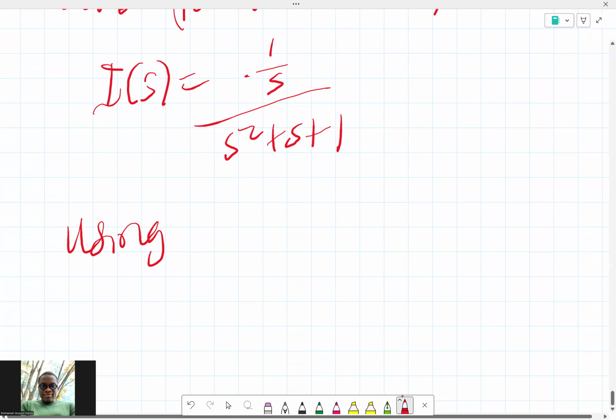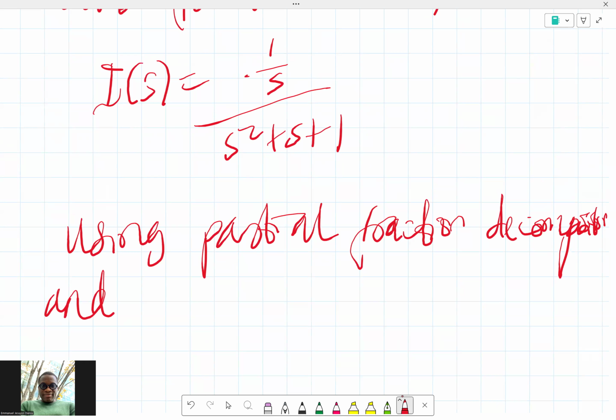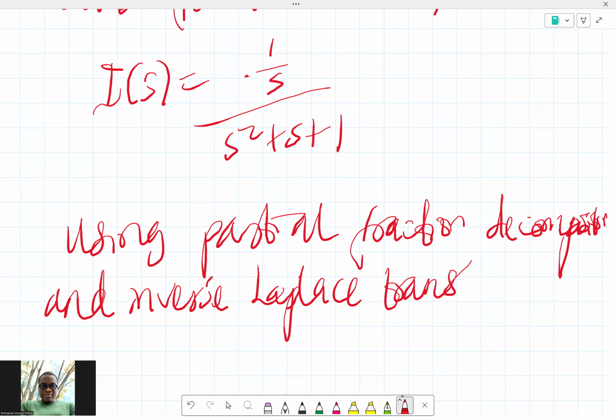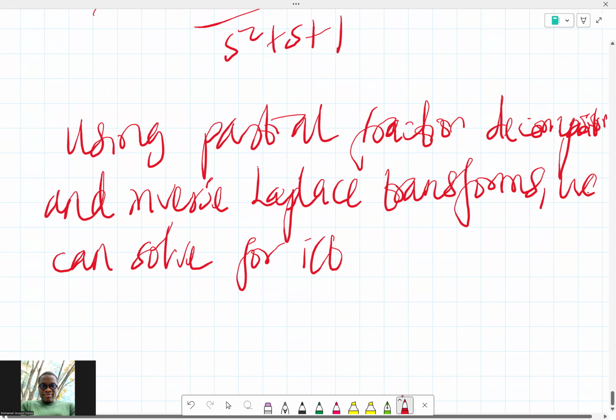Using partial fraction decomposition, which we've done a lot, and inverse Laplace transforms, we can solve for I of t.